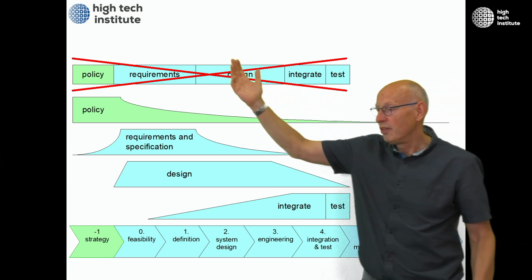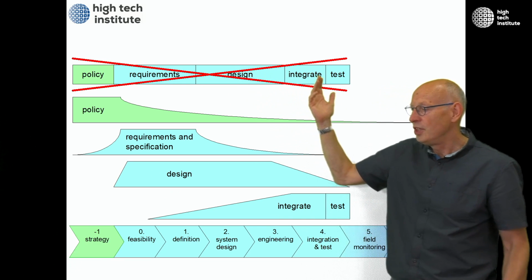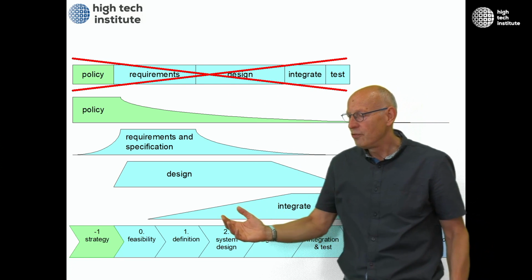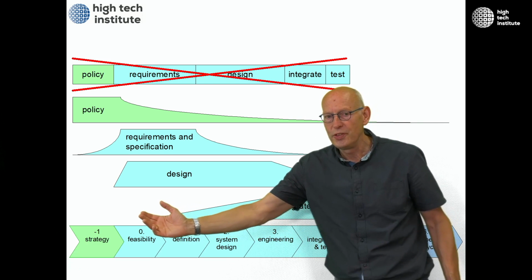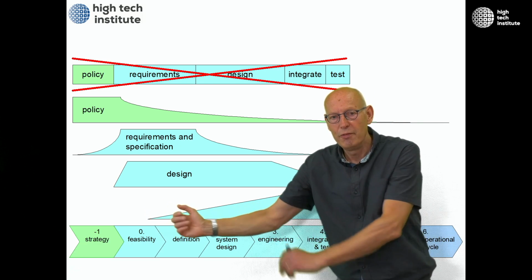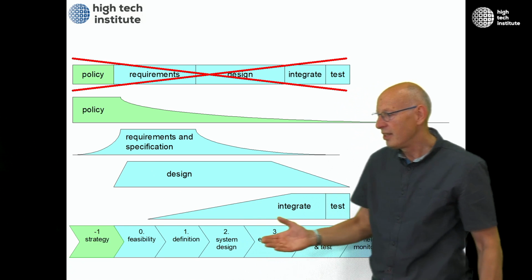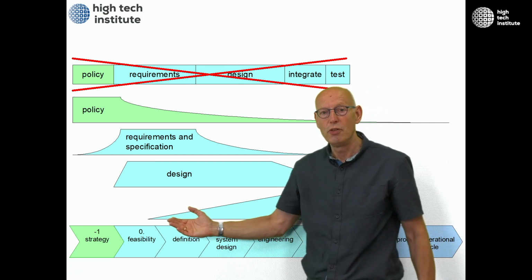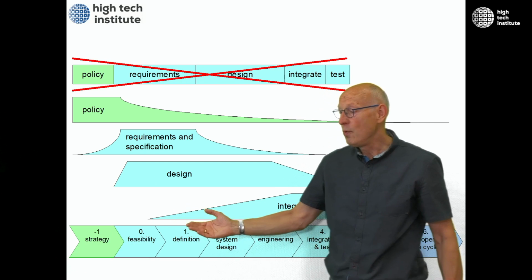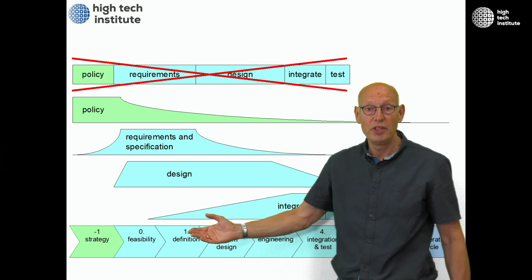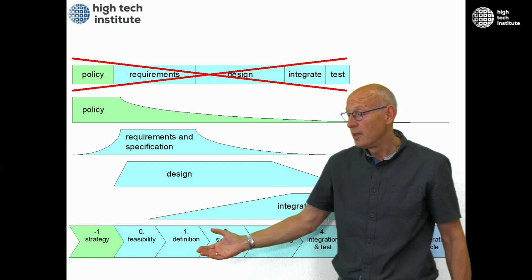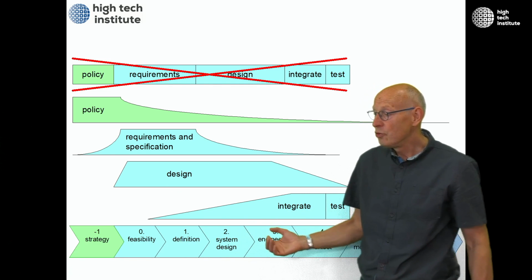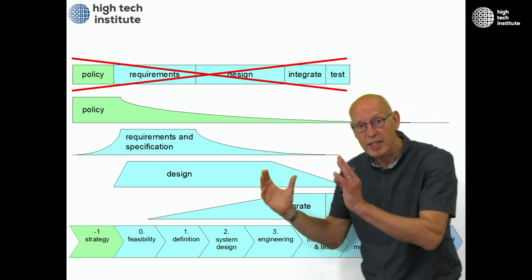So instead of having a blockwise approach of these phases, it might be wise to pull integration as far forward in time as possible in our process. Instead of having it very late, it might be wise to start with integration already in an early phase. Maybe when we think of the decomposition of the system, the architecture, the design, or maybe at requirements level already, to take care of how the parts will fit together if we decompose a system.